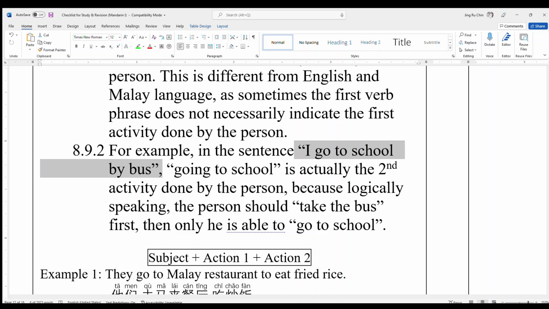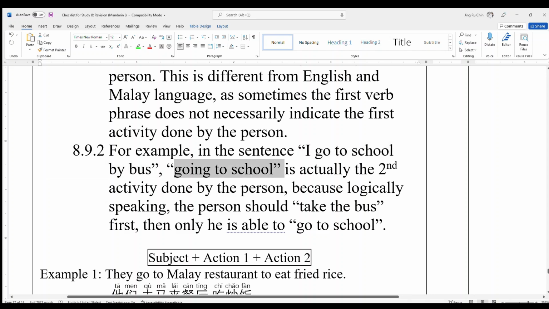Because here there are two actions. He takes the bus first or he goes to school first. Think carefully and logically: the meaning already tells you going to school is actually the second activity, not the first. Because logically speaking, the person should take the bus, then only he is able to go to school, right?